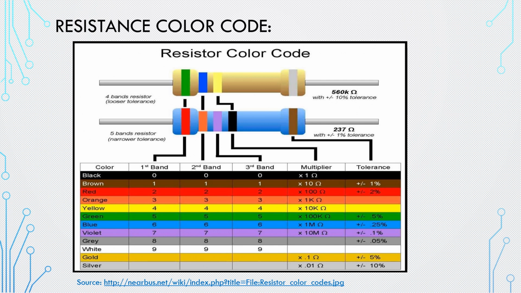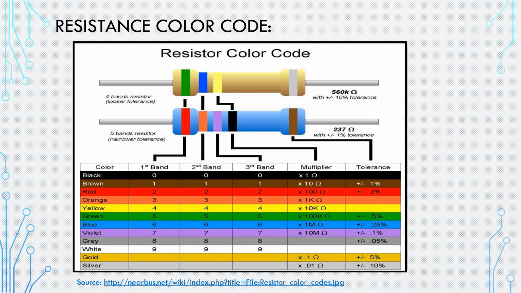These color strips indicate the value of the resistor, and we have two ways of coloring the resistor in our lab. The first way is a 4-band color, and the second way is a 5-band color. If I have 4 colors, I'm going to use this table to find its value.